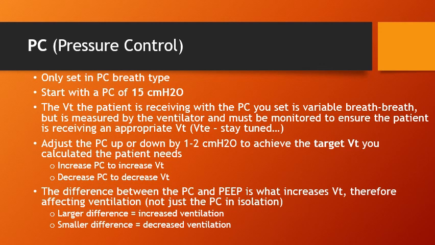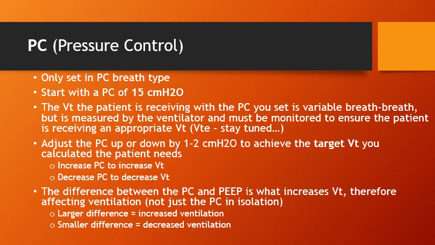So you might remember back when we were talking about the pressure control breath type, we said that the tidal volume, so the amount of air that the patient is going to receive from the ventilator when we're in pressure control breath type with that set pressure control that you set, is going to be variable breath to breath. And that is going to be based on the compliance of those alveoli and the resistance of the airways, and it's going to vary patient to patient.